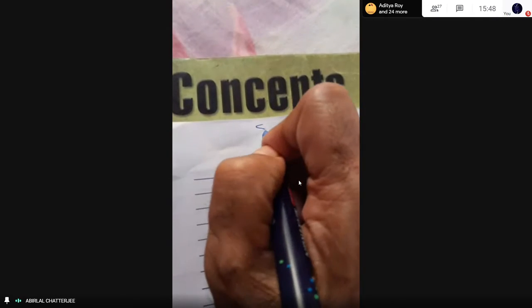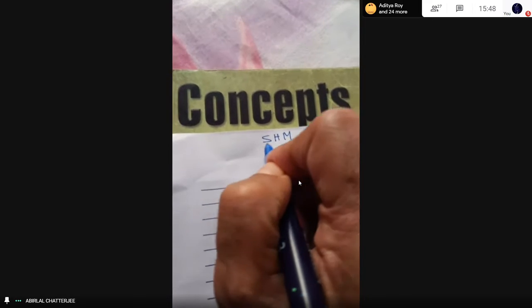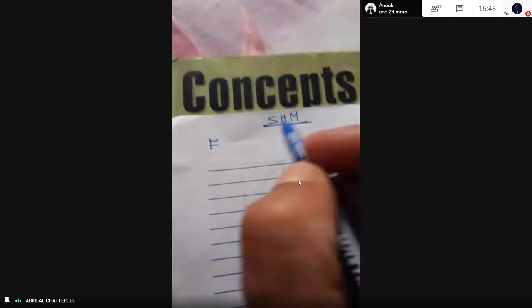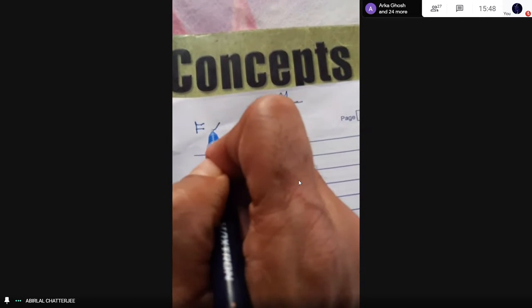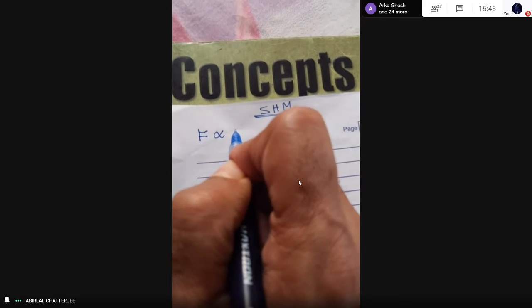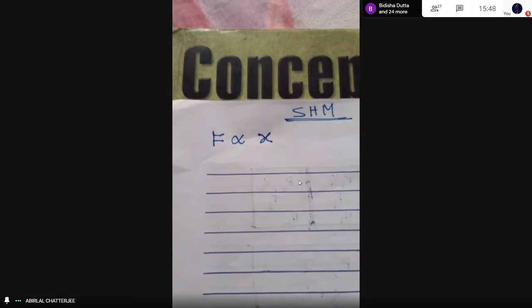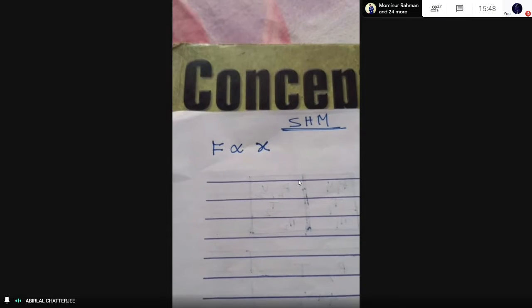So let's see how mathematically we can write it down, sir. So SHM. The property is the restoring force, the force which brings the body back to its mean position, is proportional to what? X. The restoring force is directly proportional to the displacement. But whichever the direction of displacement, the restoring force acts in the opposite direction, towards the mean position.